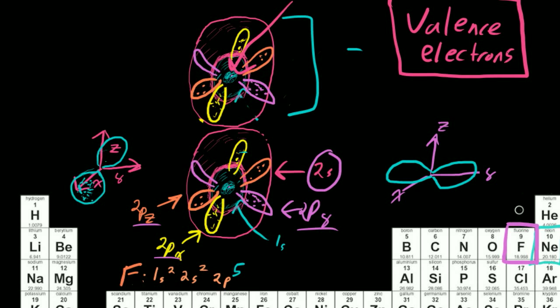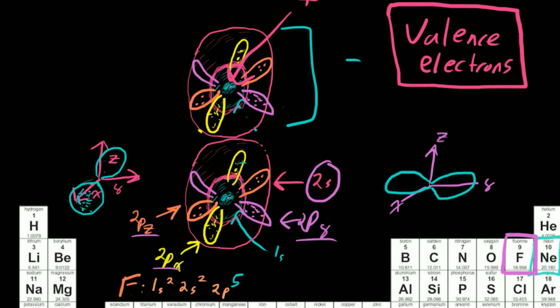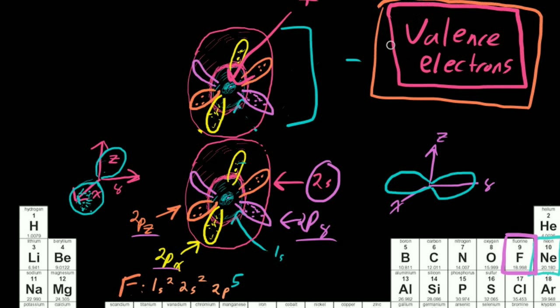Neon does not like to react with other atoms. Fluorine, however, is extremely reactive. And the reason fluorine is extremely reactive is because of its valence electron configurations. And we're hopefully going to realize more about why fluorine is extremely reactive in this video.